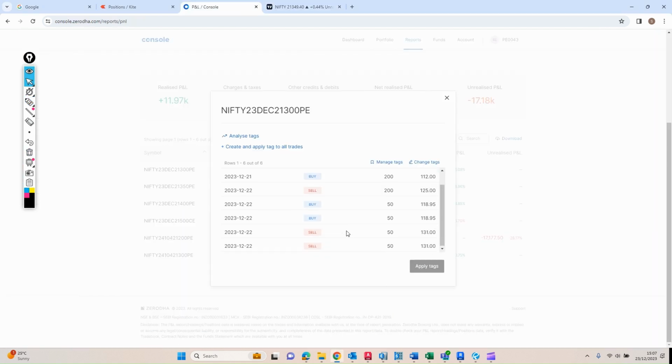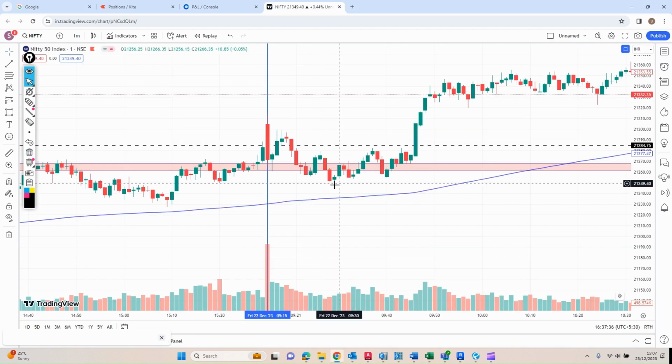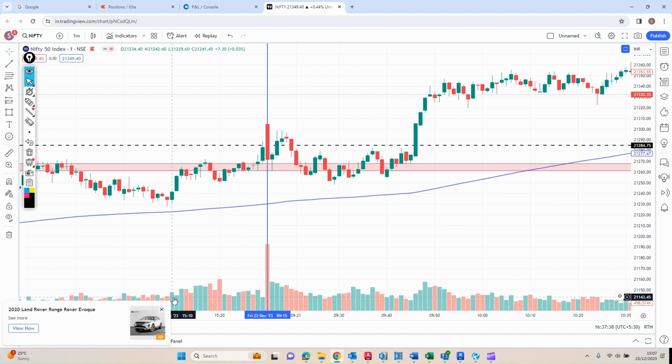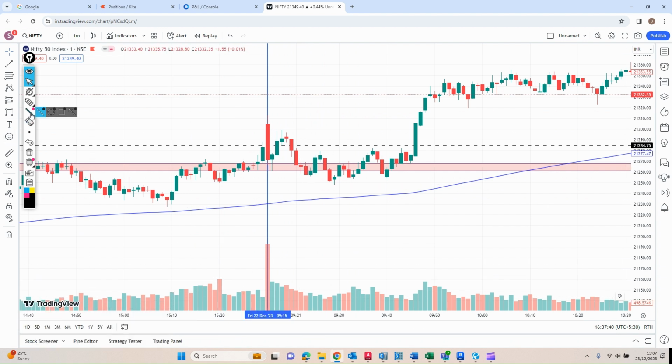I bought around two lots at a price of 118, and squared off my position on the same date, buying and selling both. I squared off my position at 131. On the Nifty price action, I closed in this candle itself, somewhere here in the zone I marked.